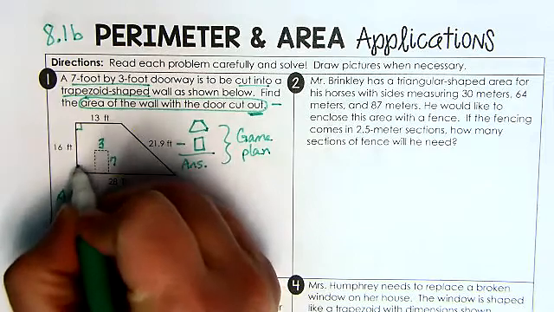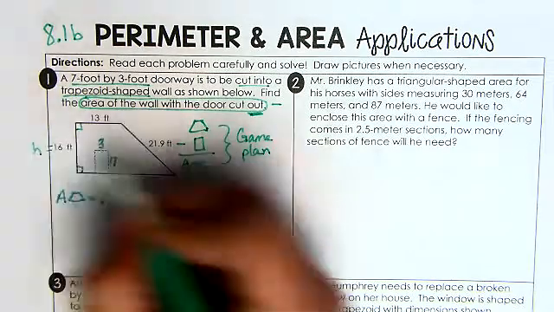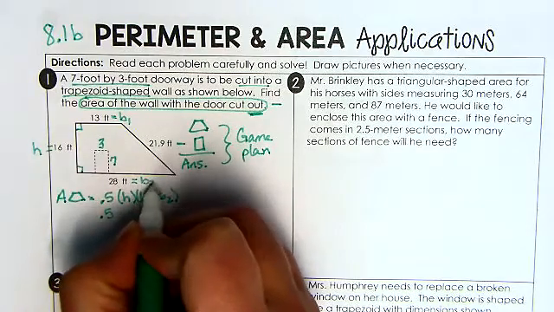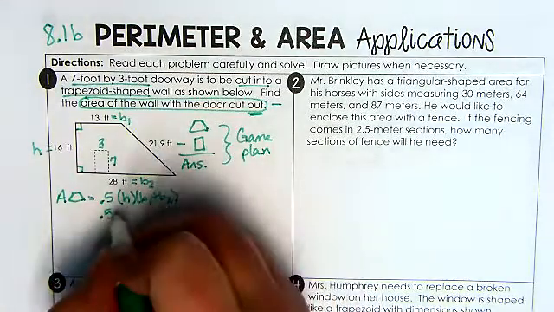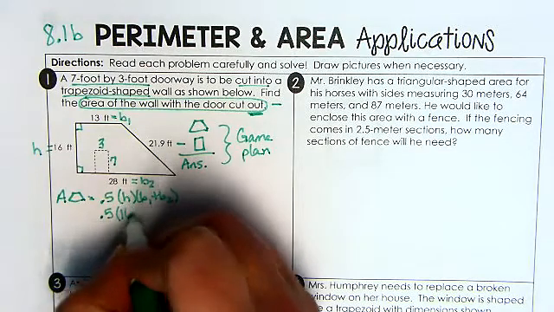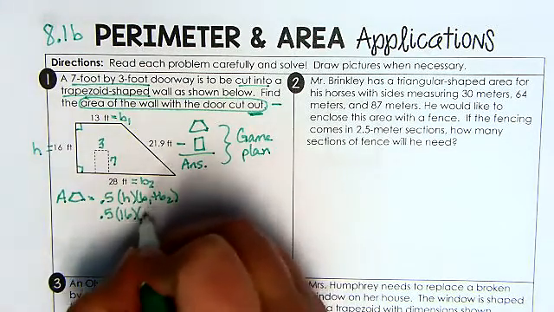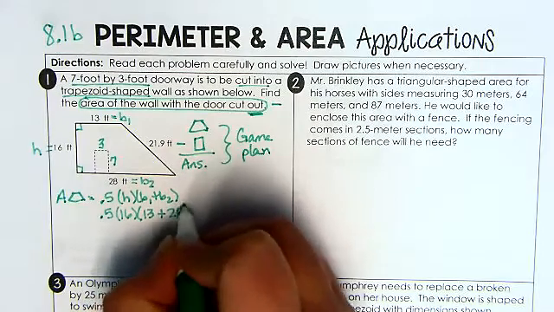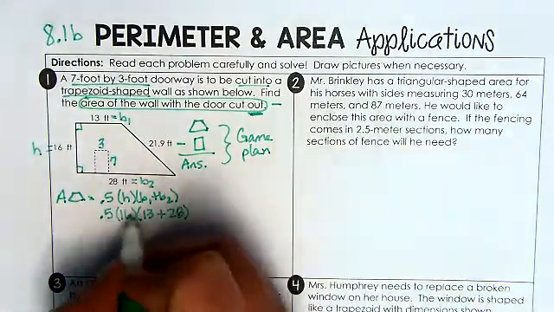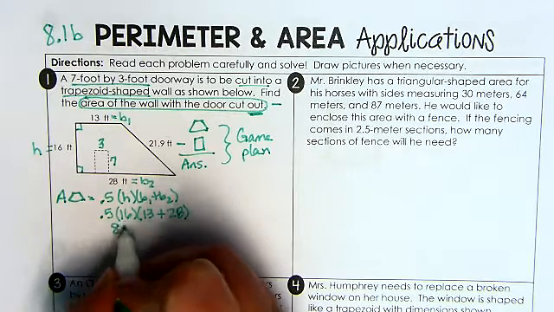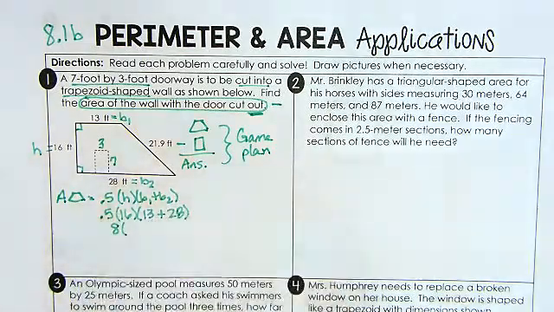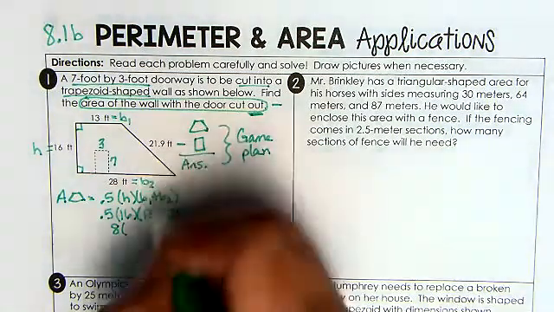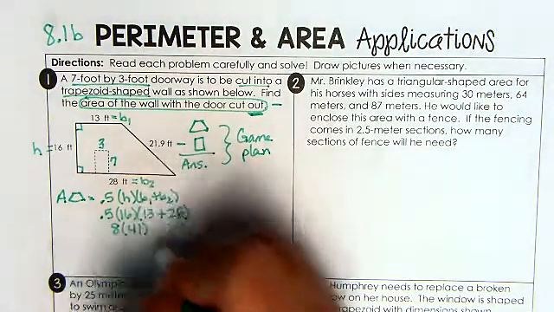These are right angles, so therefore this is my height. We'll say this is B1 and this is B2. So my height is 16, and then I have 13 plus 28. So half of 16 is 8, and then I'm going to add 13 plus 28, which is 41.